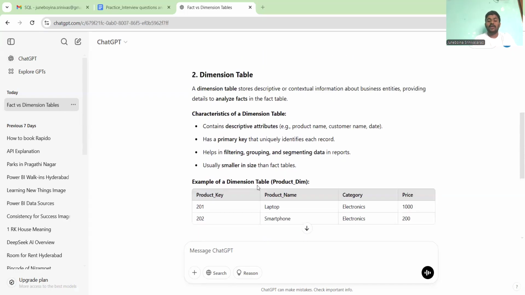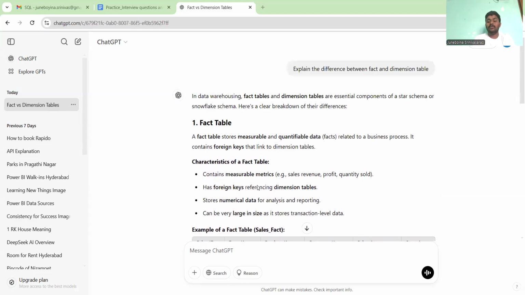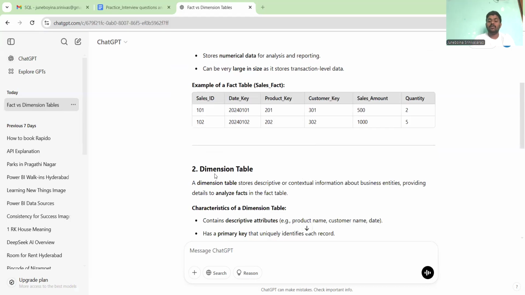These are all the main differences between fact and dimension tables. You must know these differences to understand the data design and to create reports by using these fact and dimension tables. I hope this video helps you improve your knowledge about fact and dimension tables.